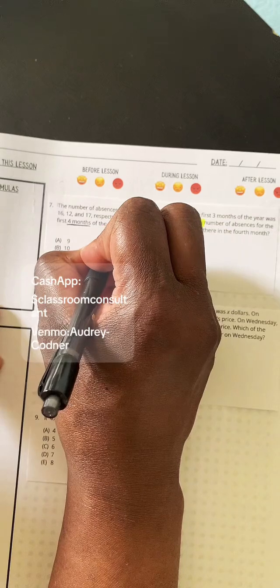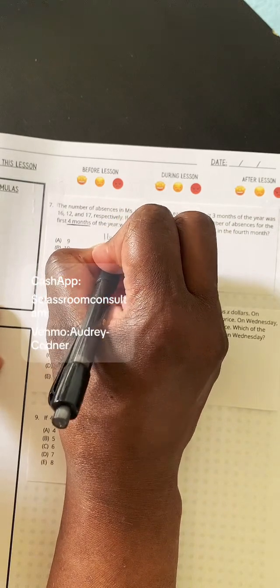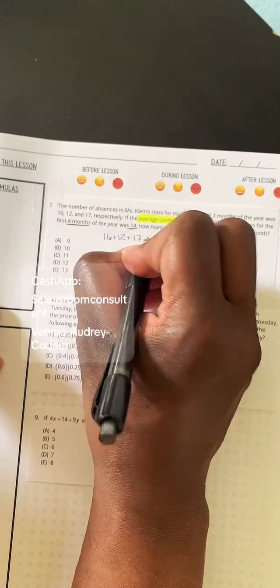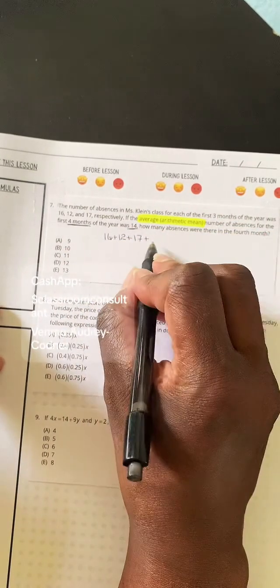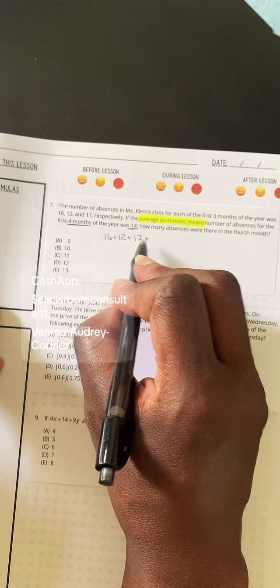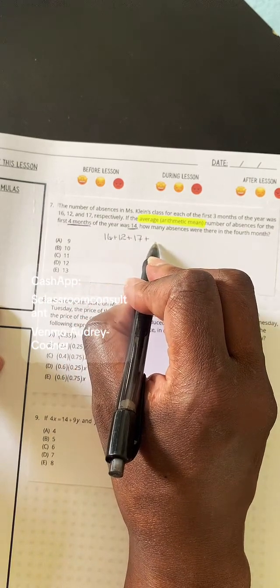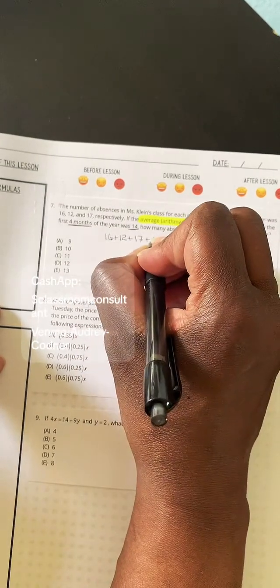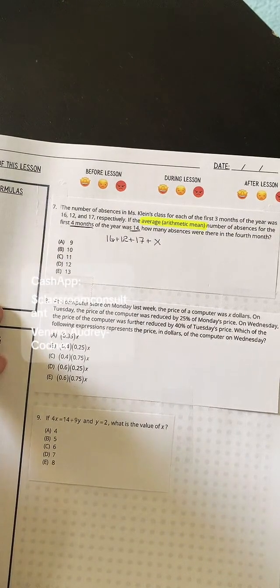Well, we add up our 16, our 12, and our 17. But then there is going to be a fourth month. So that's the first month, the second month, the third month, and the fourth month. Since we don't know what that fourth month is, I'm going to use an X to represent it, just as a placeholder.